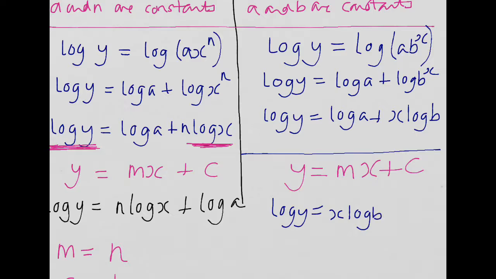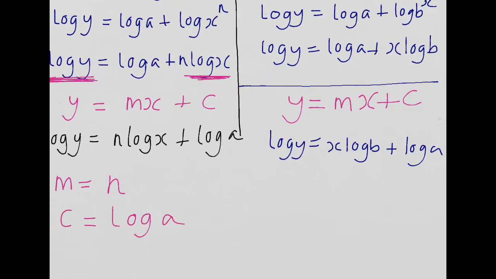Now, the gradient here is going to be the log of b, and then this would be the log of a. So when I am comparing, I would do m equals log of b, and c is equal to the log of a.